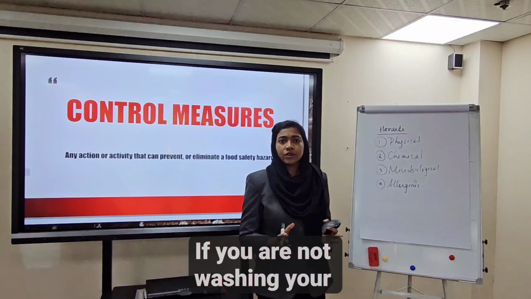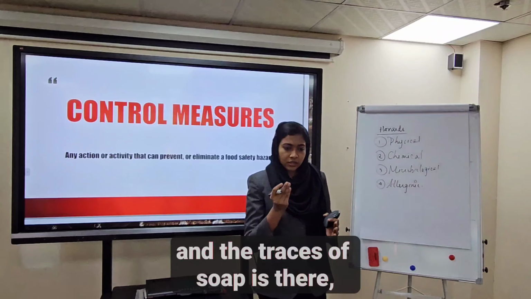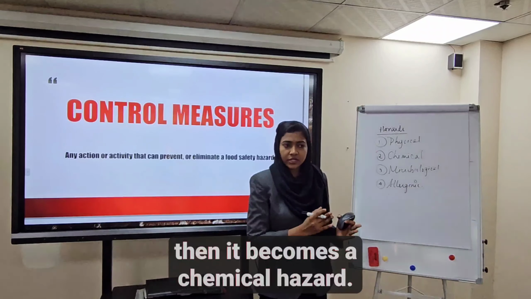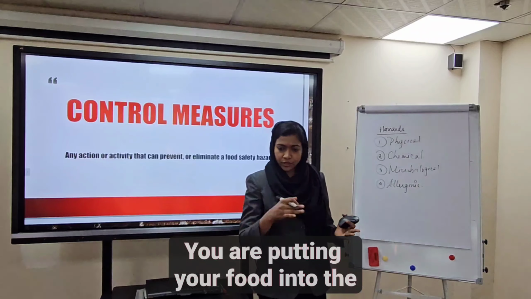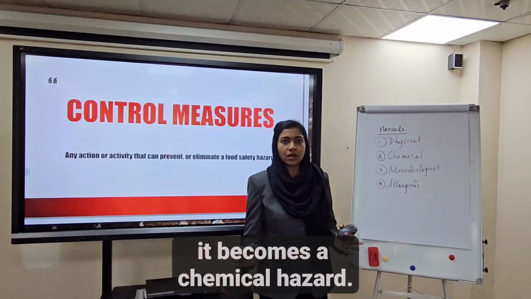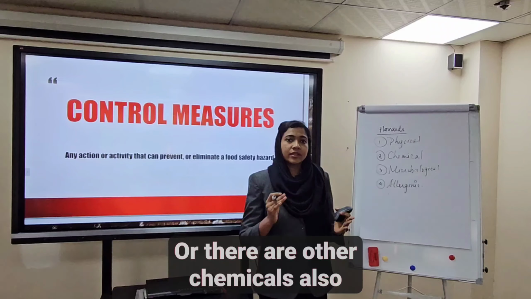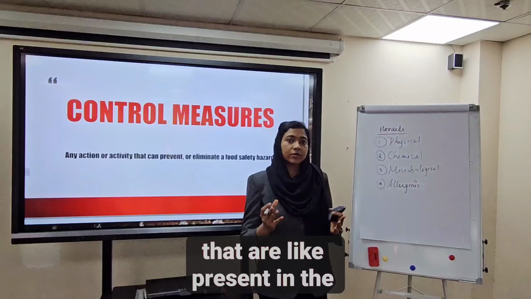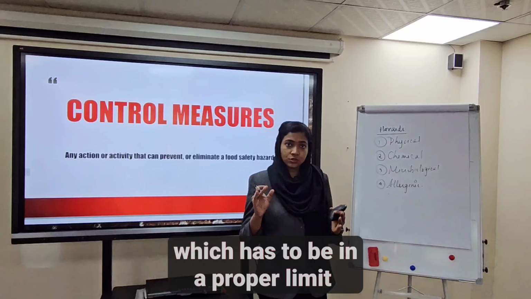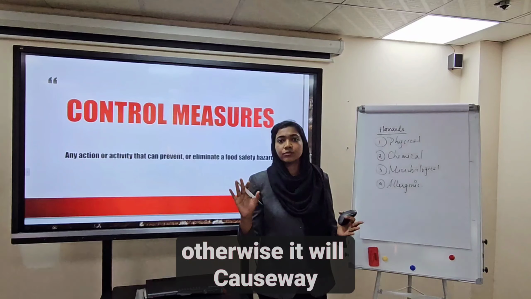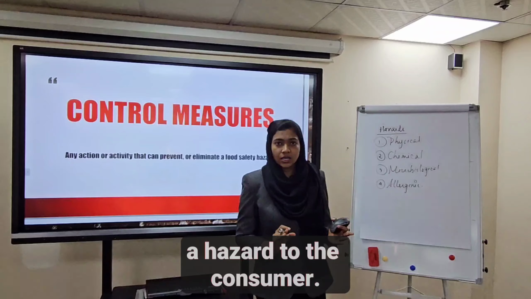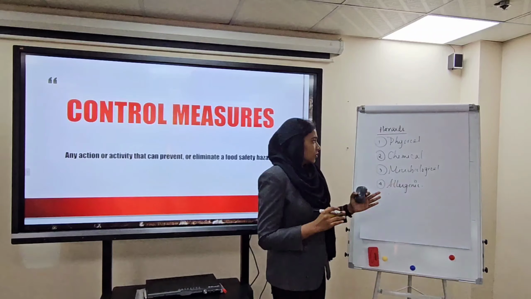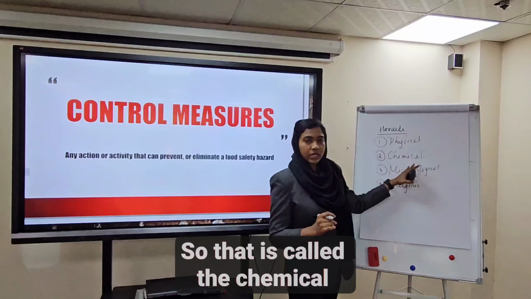If you are not washing your utensils properly and the traces of soap are there, then it becomes a chemical hazard. You are putting your food into the bucket, it becomes a chemical hazard. Or there are other chemicals also present in the food, which have to be within a proper limit, otherwise it will cause a hazard to the consumer. So that is called the chemical hazard.